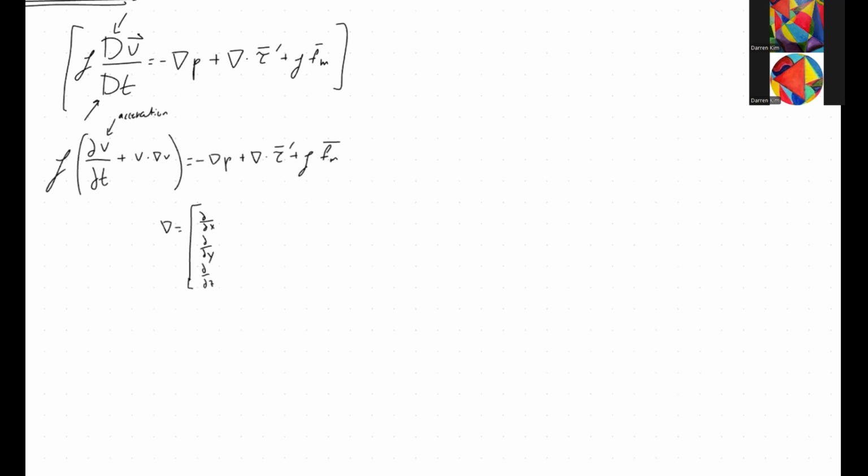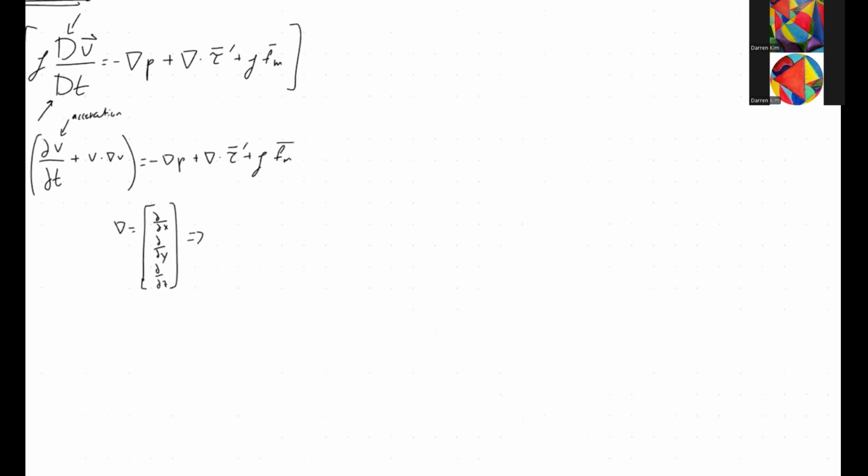And then this gradient is equivalent to saying d/dx, d/dy, and d/dz. Sorry about the penmanship. And then we can see vx, vy, vz over here. And we can see over here that we have the long way, which is vx, vy, vz, which is the dot product.